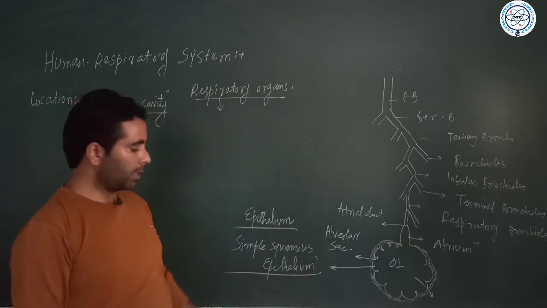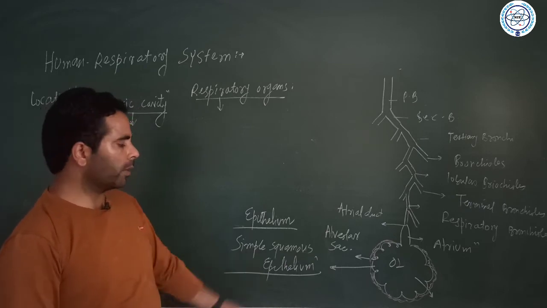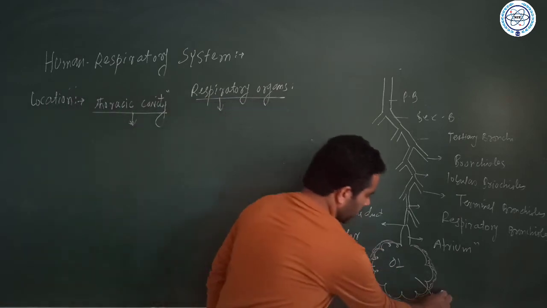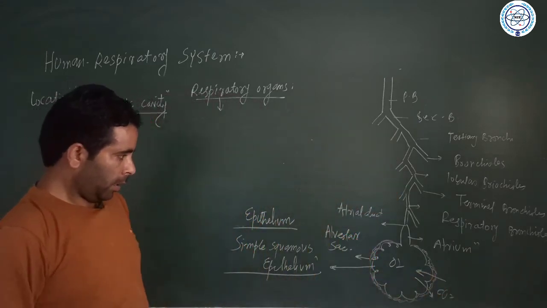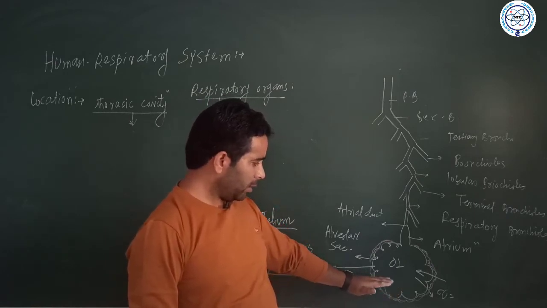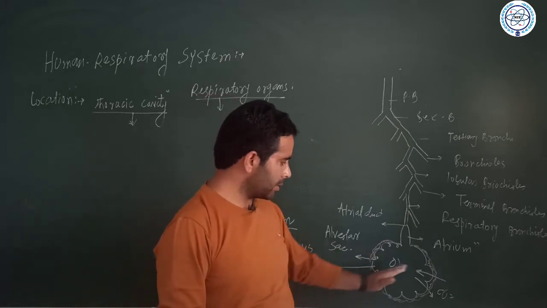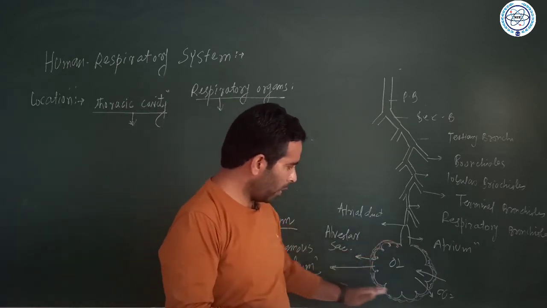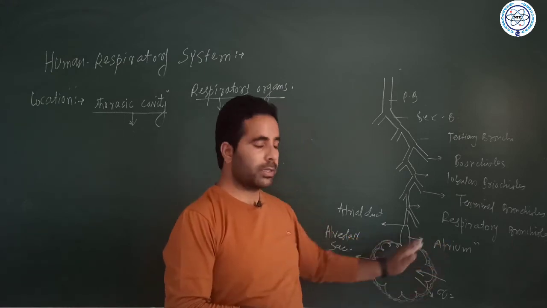So here this simple squamous epithelium is very, very important for the exchange of gases. It constitutes part of the respiratory membrane, right, which is the membrane significant for the exchange of gases, oxygen into the blood and carbon dioxide into the lung alveoli, right? But if we take a section from here, it's very difficult to see these two things separated from each other, that is the blood capillaries and the lung alveoli, because there is very intimate contact between the squamous epithelium of the lung alveoli and the endothelium of the blood capillaries outside.